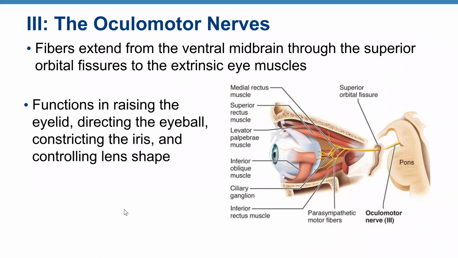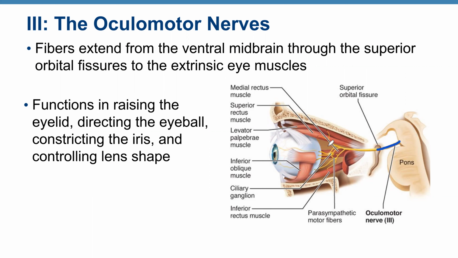Oculomotor nerve number 3, fibers extend from the ventral midbrain through the superior orbital fissure to the extrinsic eye muscles. Now those are motor nerves, right? So it's not sensory. It originates from the midbrain, the anterior part of the midbrain.